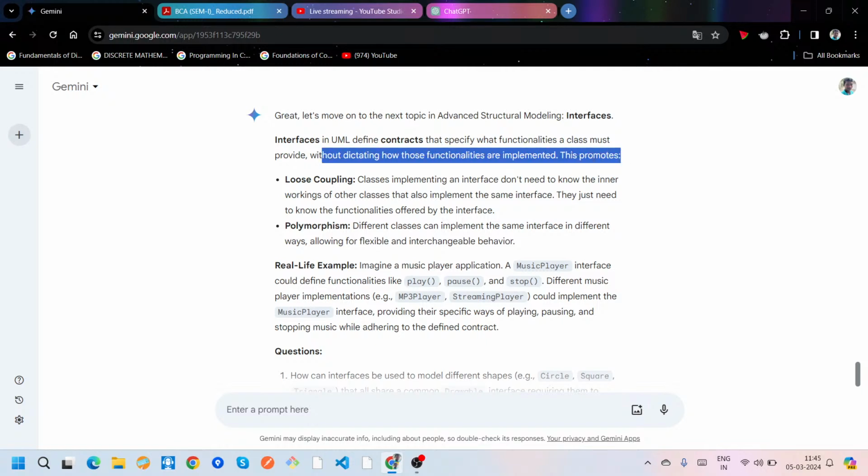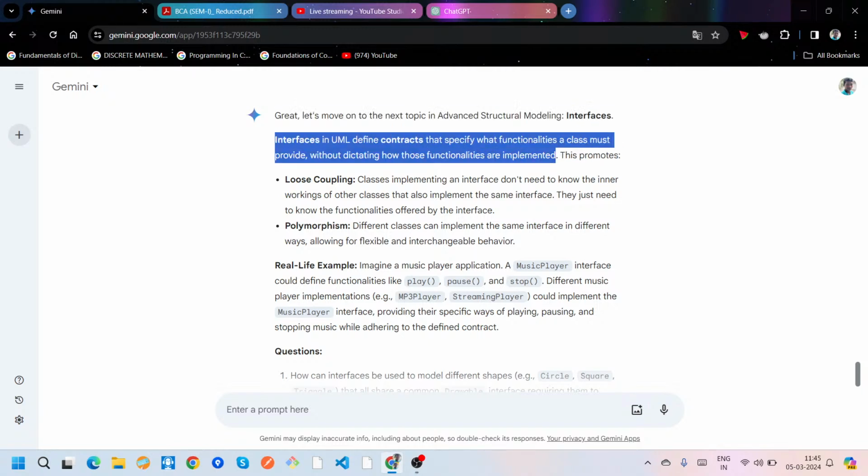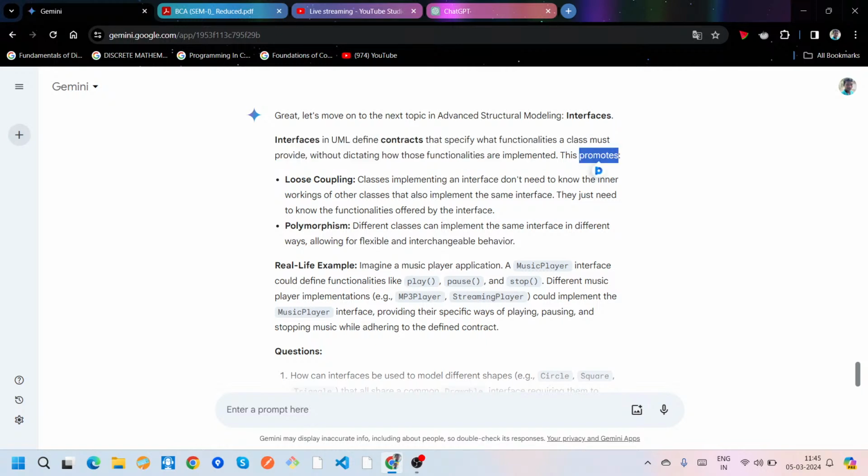Interfaces in UML define constructs that specify what functionalities a class must provide without dictating how those functionalities are implemented. This promotes what? Loose coupling.